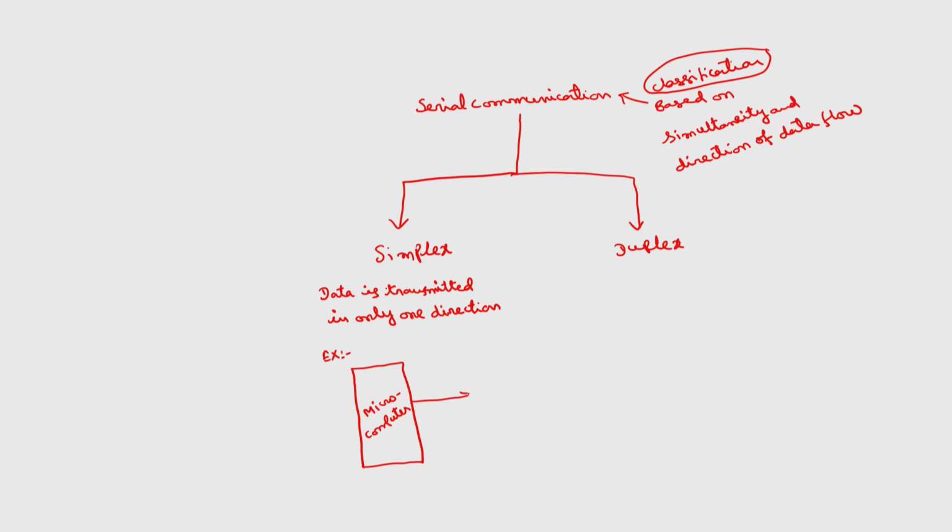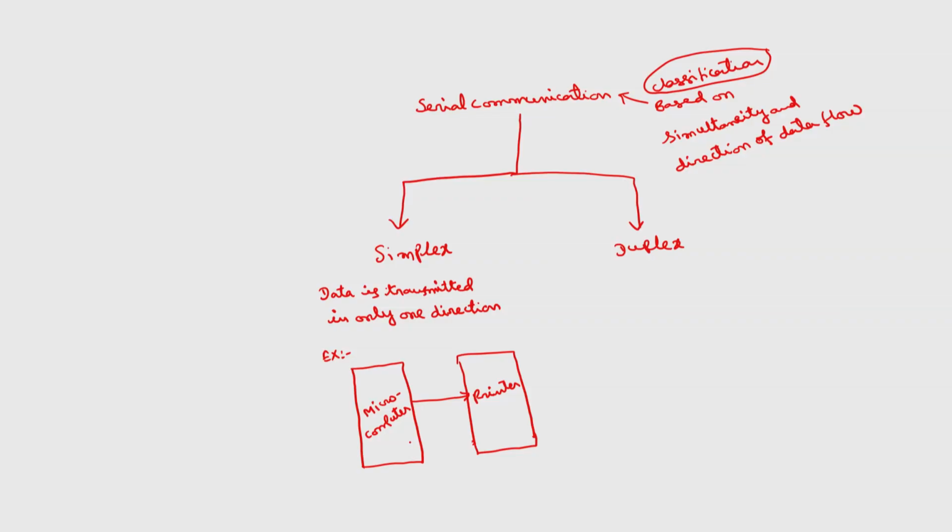If you want to transmit to a printer, this will take place through simplex, because it is only one direction. The printer cannot transfer data to the microcomputer, but the microcomputer can transmit data to the printer.